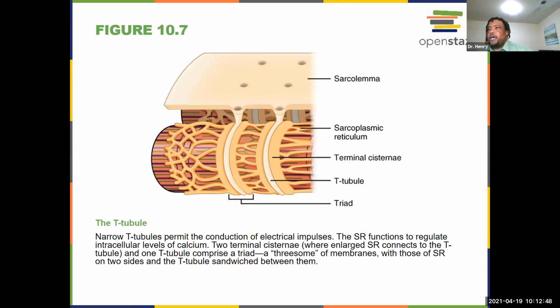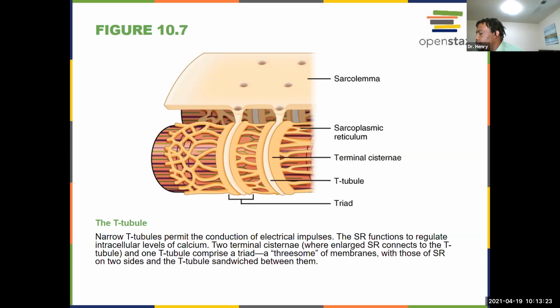Okay, so this is just another view, and now we're introducing some other structures. We have the T tubule. The T actually stands for transverse.